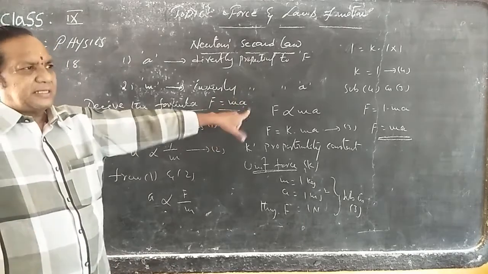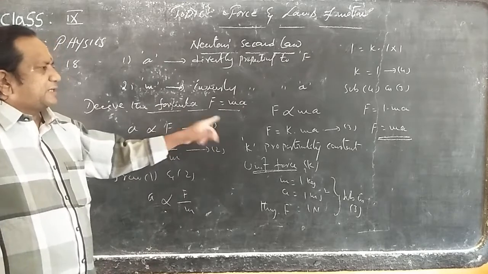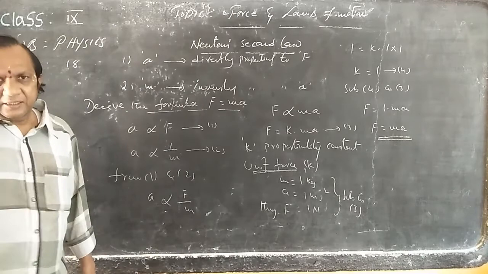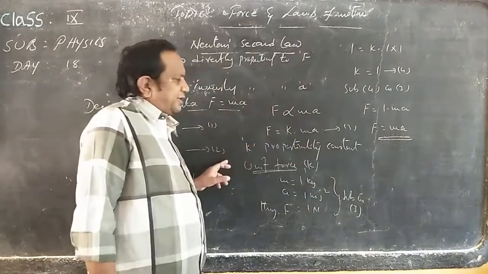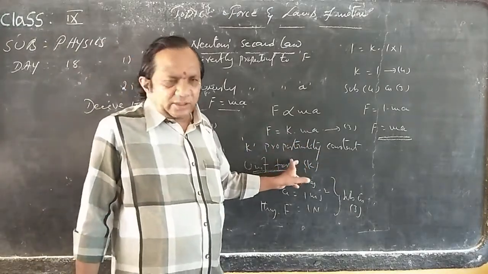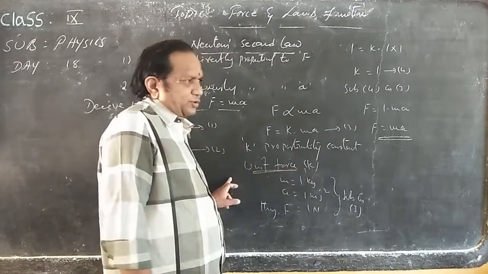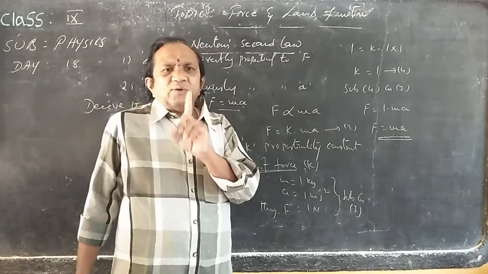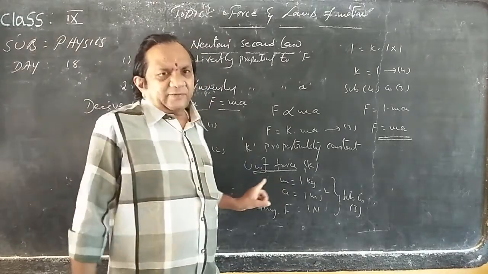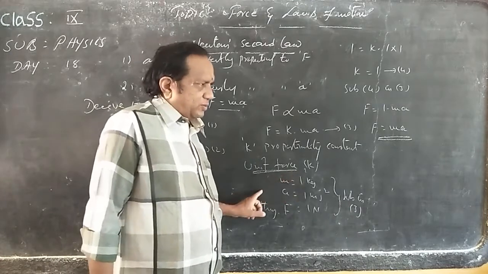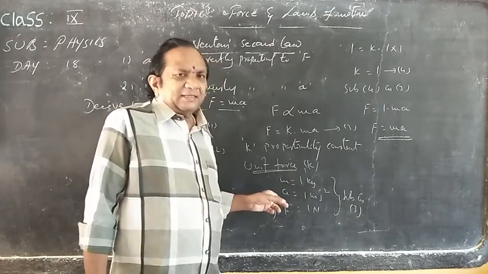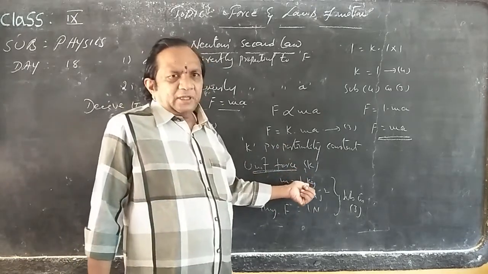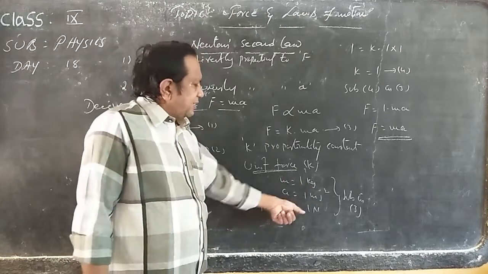Here k is the proportionality constant, and the final equation is only F is equal to MA, not F is equal to kMA. By removing that constant, we can define the unit force. Unit means one. For example, 1 kilogram mass with 1 meter per second square acceleration gives a force of 1 Newton.